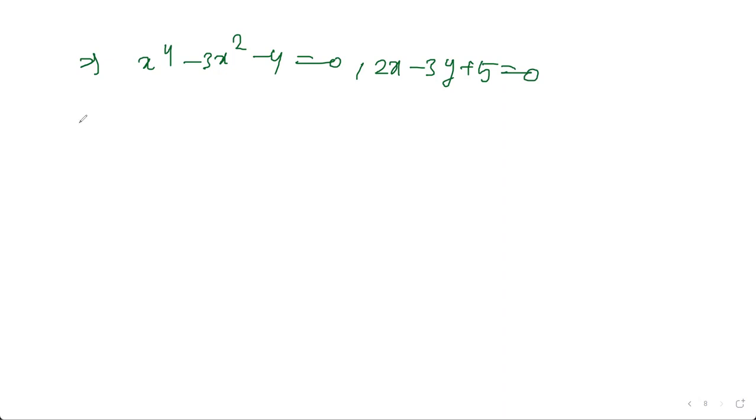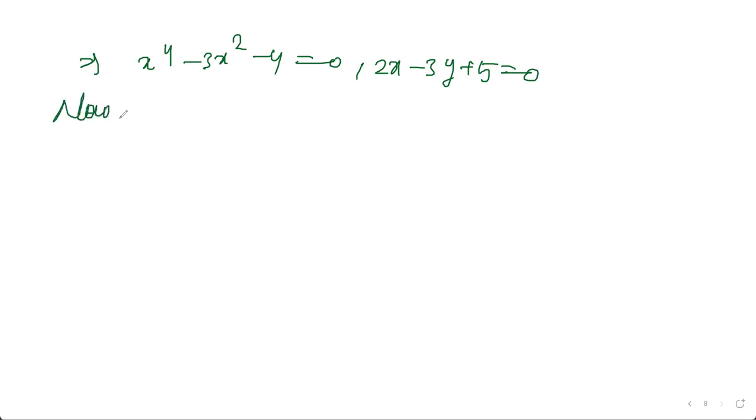That is, x to the power 4 minus 3x square minus 4 equal to 0, and 2x minus 3y plus 5 equal to 0. Now we have to solve this.